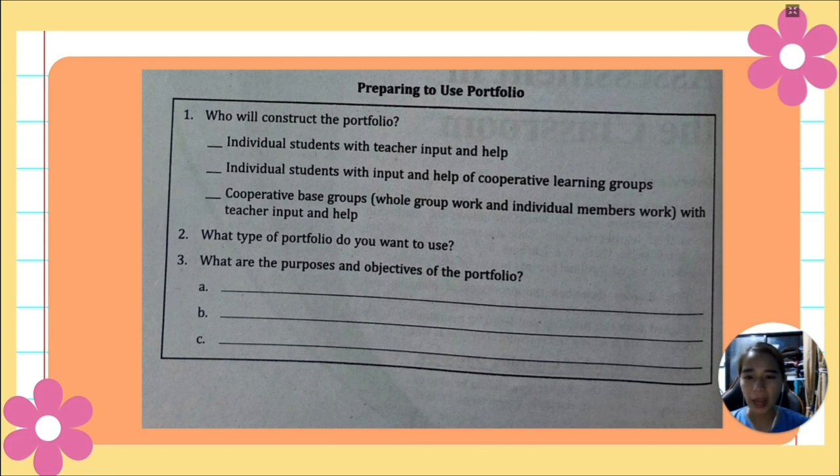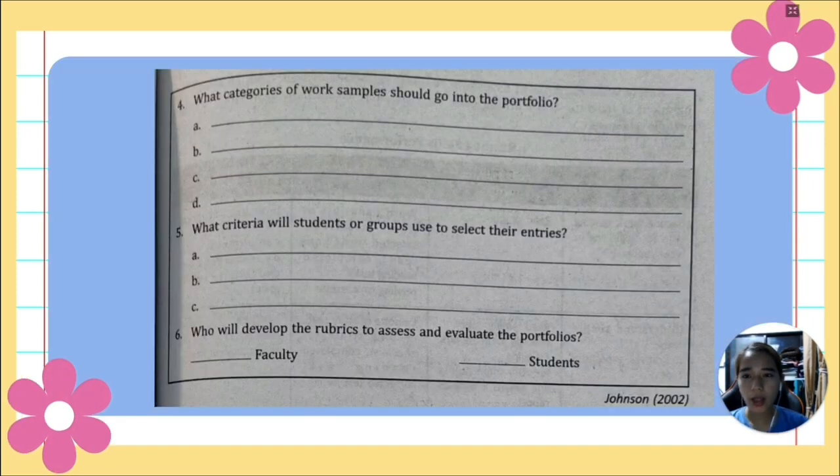Second, what type of portfolio do you want to use? Third, what are the purposes and objectives of the portfolio? Fourth, what categories of work samples should go into the portfolio? Fifth, what criteria will students or groups use to select their entries? And last, who will develop the rubrics to assess and evaluate the portfolio?